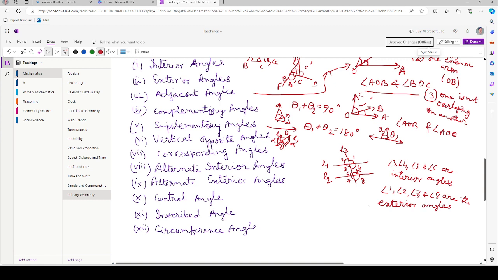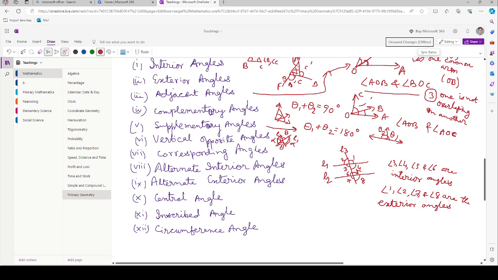Now corresponding angles. Angles in similar positions at the intersection of two lines when a transversal cuts them are known as corresponding angles. Angles in similar position. Look here.